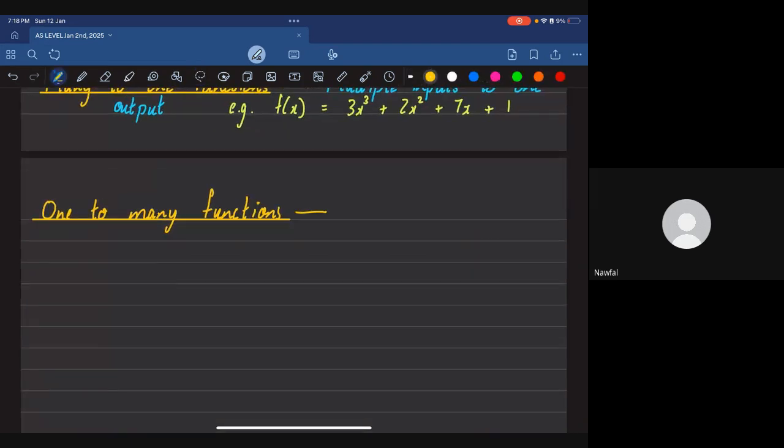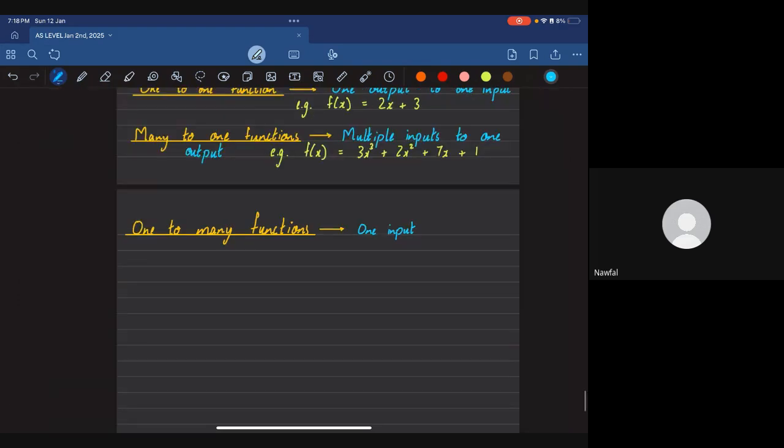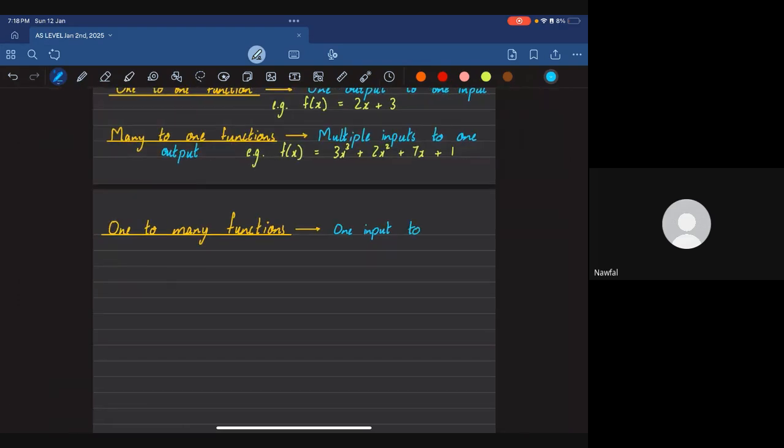So for a one-to-many function, we know by judging its name as well that for one input, you have multiple outputs. And these are also nonlinear functions, but usually these types of functions include some rare and special functions.